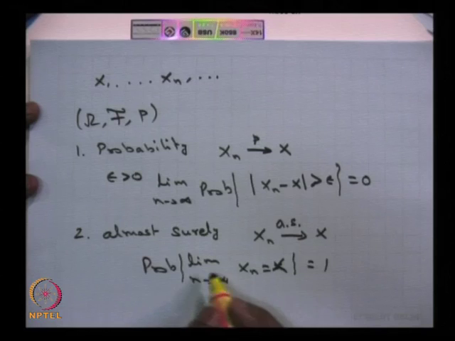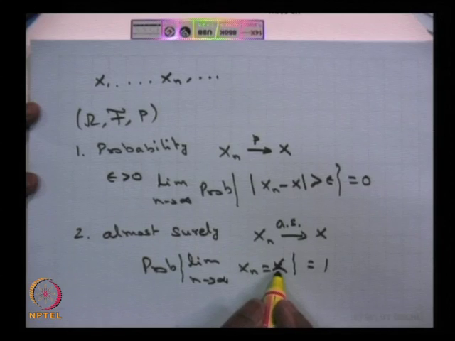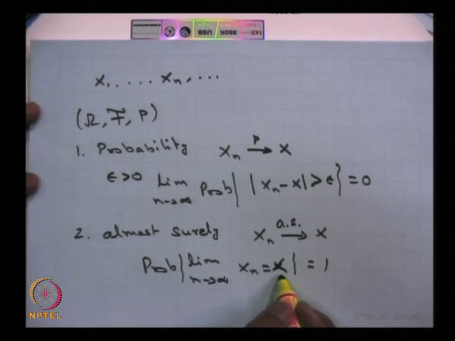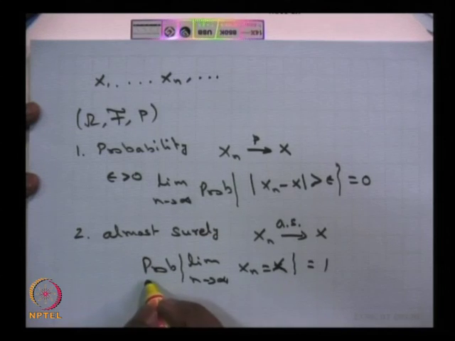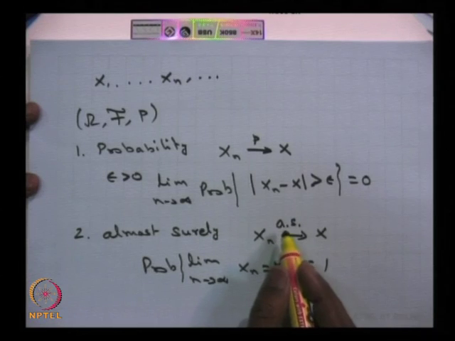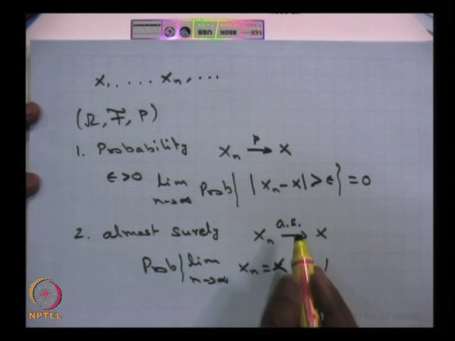That means first you find the event for which, as n tends to infinity, X n takes the value X, and that event's probability is going to be 1. If this condition is satisfied, then we say it converges almost surely.